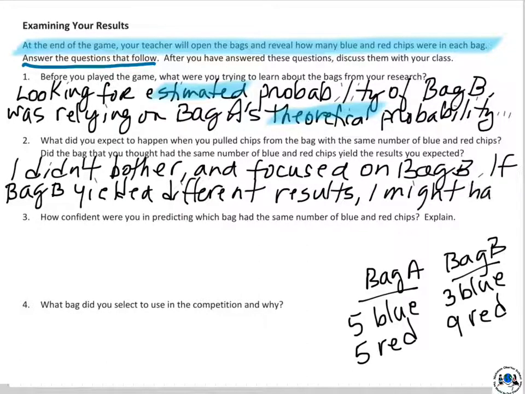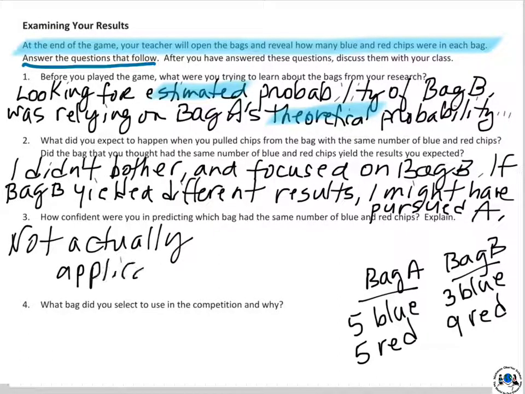I focused on bag B. If bag B had yielded different results, and the results had presented more of a chance of it being 50-50, half and half, red and blue, I might have pursued A. But because of its overwhelming slant towards red, I decided I was satisfied that A was the 50-50 bag.